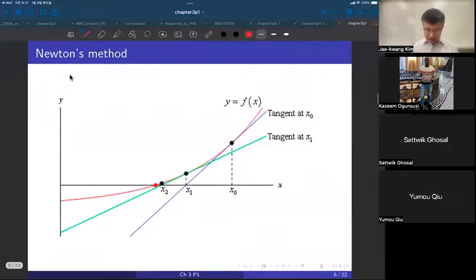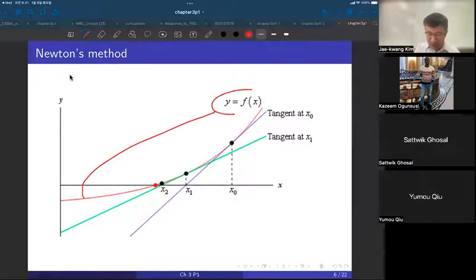Okay. So this is a graphical illustration. I didn't make this graph; I just downloaded it from the website, Googled it, but it's still useful. The red one is the original function.